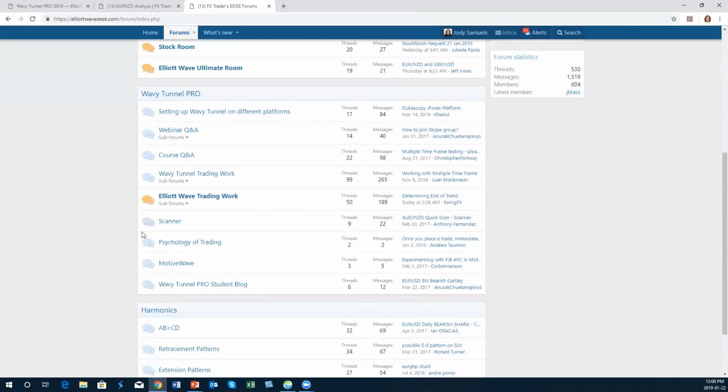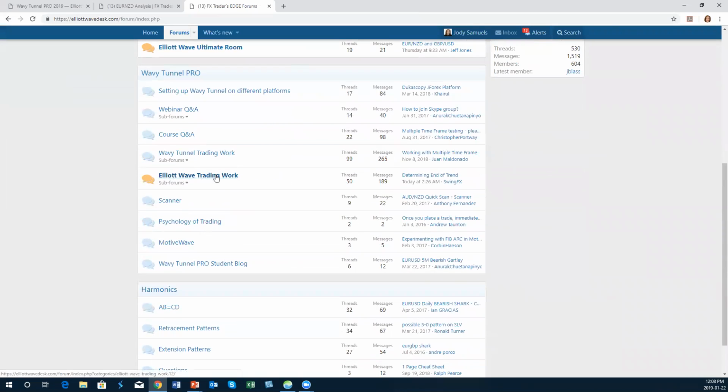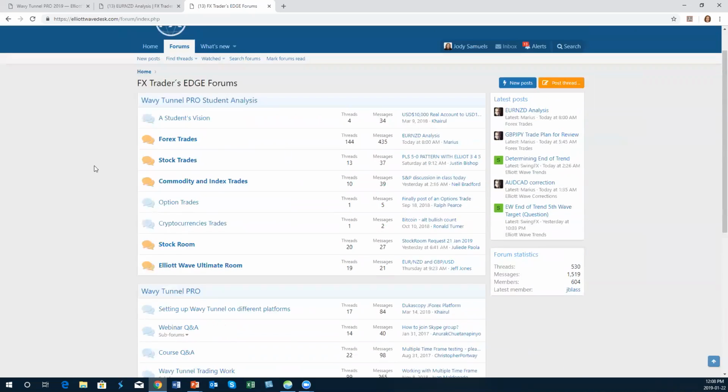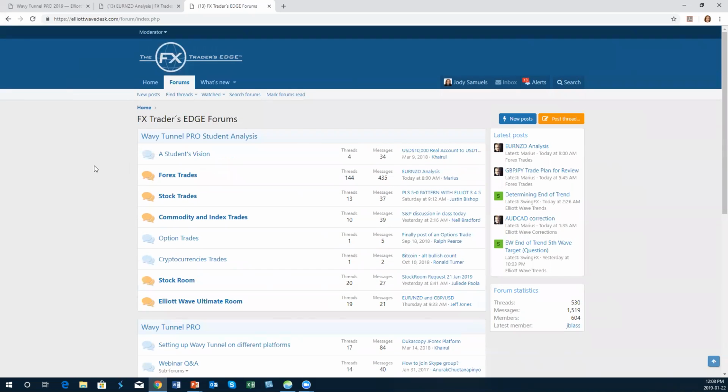But if we scroll down to Elliott Wave trading work, this is where we're posting the Elliott Wave trading work. And we can start posting under the Wavy Tunnel trading work. So the course postings will be down here. I urge you to get involved. There's a lot of discussion about wave counts in the forum, which is just great.